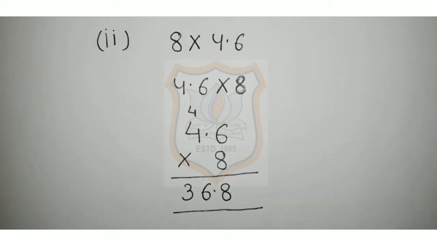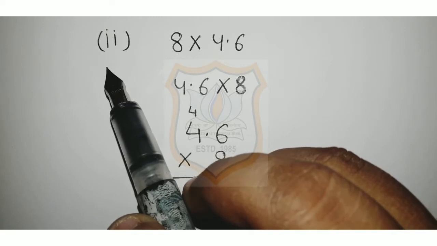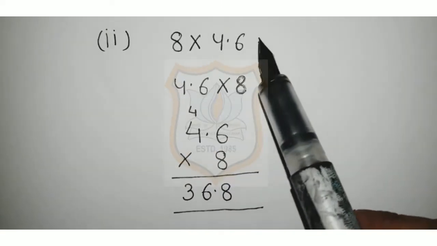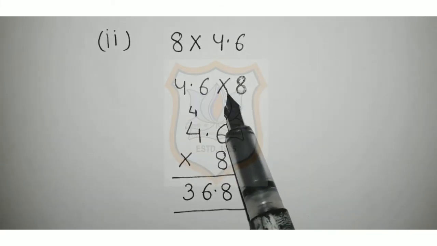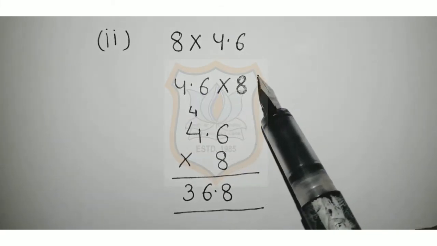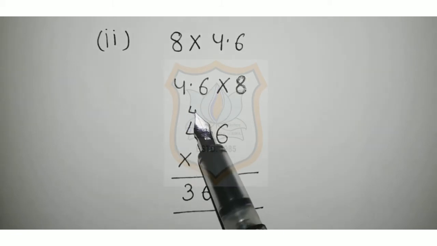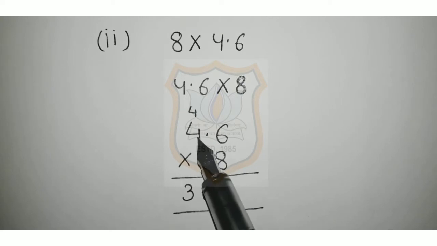Now, we will solve second part of question number 1, exercise 2.6, that is 8 into 4.6, or we can multiply 4.6 into 8, that is the same. So 4.6 multiplied by 8, 8 6s are 48, 8 and 4 will carry forward. Now 8 4s are 32, 32 plus 4 that is equal to 36.